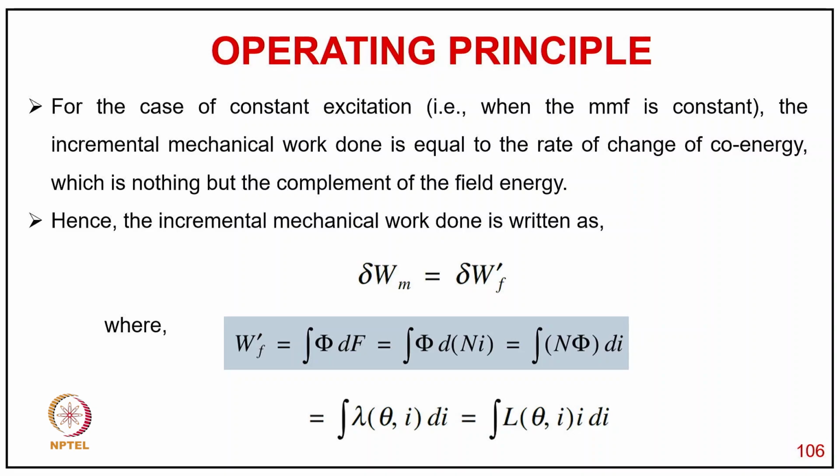Hence the incremental mechanical work done is written as delta Wm equal to delta Wf dash, where Wf dash is nothing but integration of phi dF, or integration of phi d(Ni), or integration of N phi di, or integration of lambda as a function of theta and i into di, or for a linear magnetic circuit integration of L(theta, i) i di, which is also called co-energy.